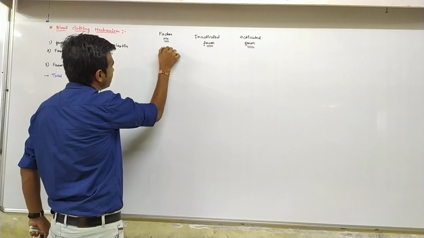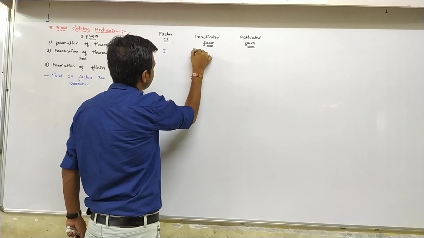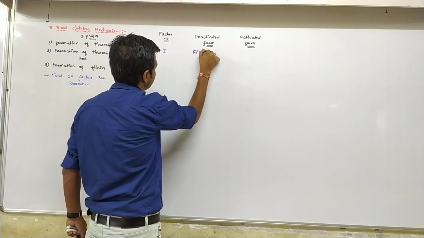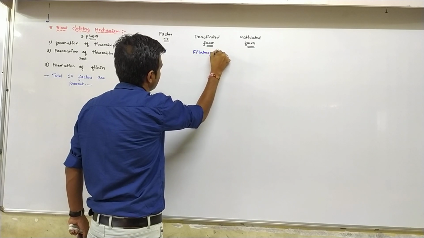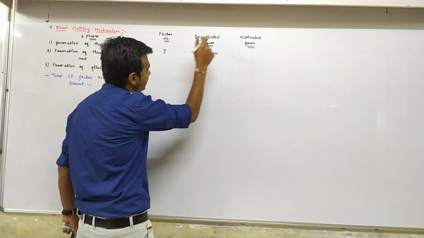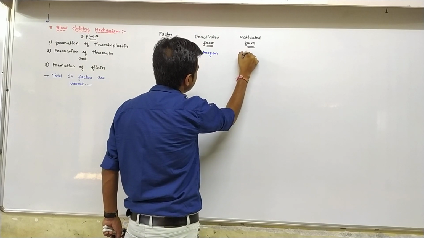First factor, fibrinogen. Fibrinogen is in inactivated form, whereas fibrin is the activated form.